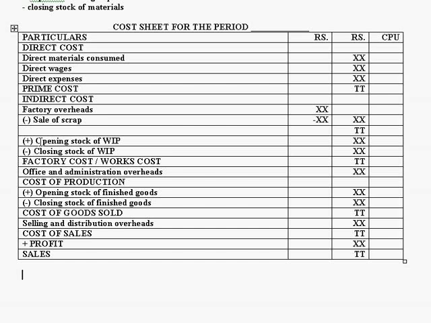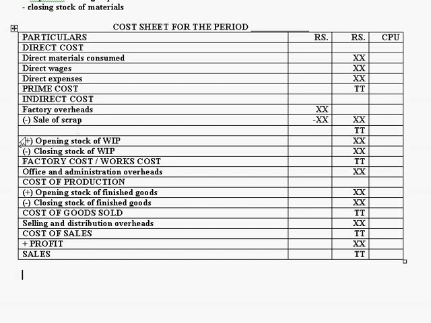Donation and charity as an expense is a non-operating expense, so it should not be shown in the cost sheet. But what is the journal entry of donation if you give goods? Donation to goods. So the donation effect, the debit effect of expense, will not come, but goods have gone, so the goods effect will have to be shown here.